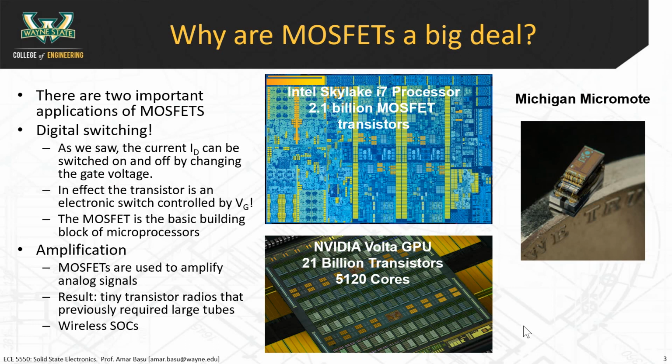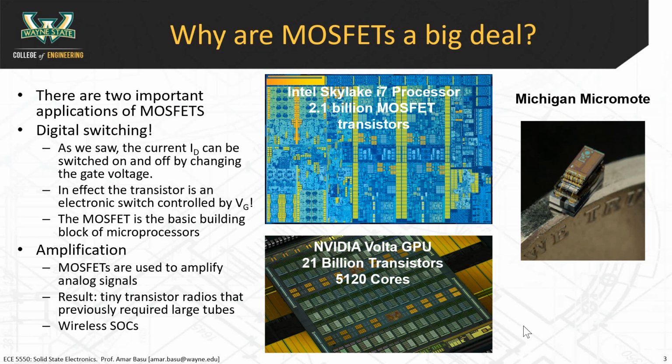Being able to switch something on and off is a central part of computation, because logic gates like inverters, AND gates, ALUs, all the computational logic is built on the concept of a switch. Now, if your switch can only work at 3 Hertz, if you had a mechanical switch, the clock rate of your CPU would be 3 Hertz.